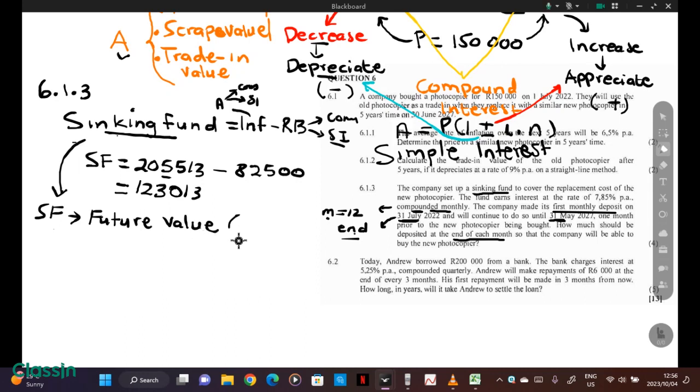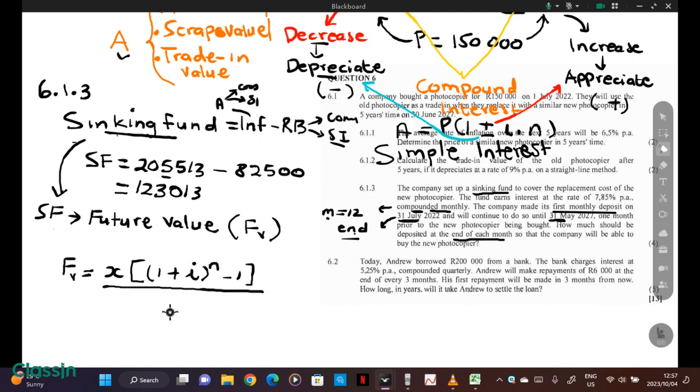So a sinking fund, what does it talk about? It talks about future value. We will see the formula written FV. If it's not FV, it will only be F. So it's a future value, and the future value is defined by X, open bracket, 1 plus i to the power n minus 1, close bracket, all divided by i.